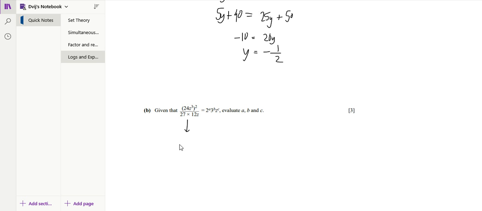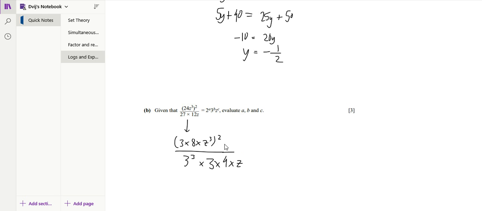We could rewrite this to say 3 times 8 times z cubed, squared, divided by 27, or we could rewrite 27 as 3 cubed, which is probably more useful here, as 3 cubed times 3 times 4 times z, right?